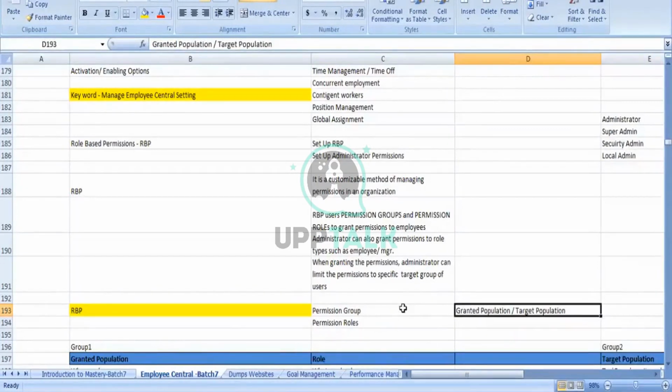Germany has 100 employees locally. To access those 100 employees, I am giving you the permission as an admin. So you will have access only to employees working in the Germany location.